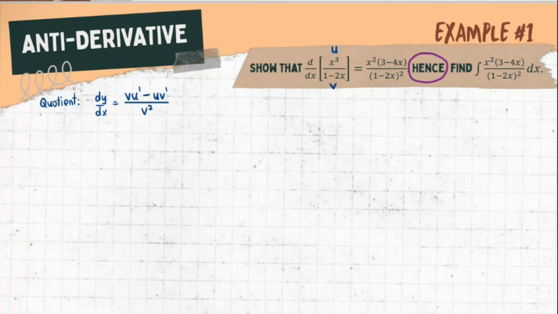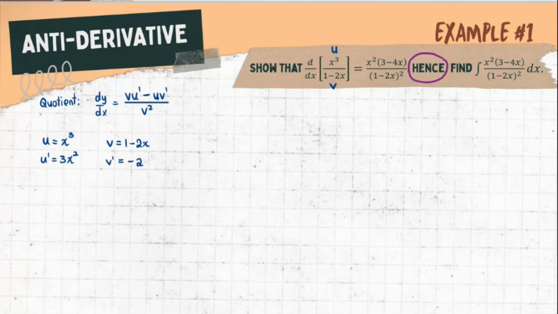Okay, so your u will be x cube. The numerator will be x cube. And your denominator will be v, 1 minus 2x. So we find its derivative. u prime is equal to 3x squared. And v prime here will be equal to negative 2. Okay.